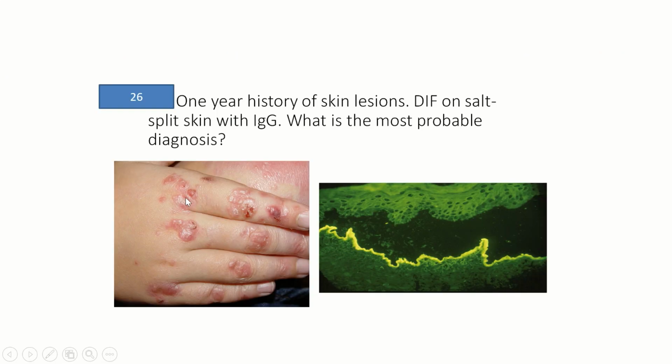And here is another case with some lesions on the dorsal aspect of the hand, subepidermal bulla with the predominance of the floor of the bulla. This history and these images are indicative of epidermolysis bullosa acquisita.